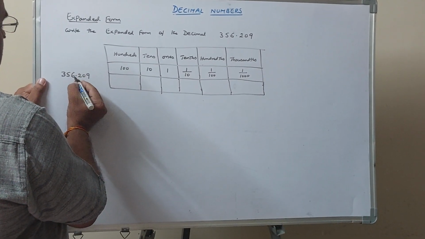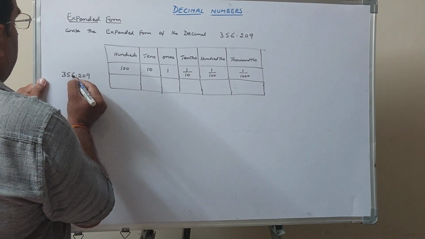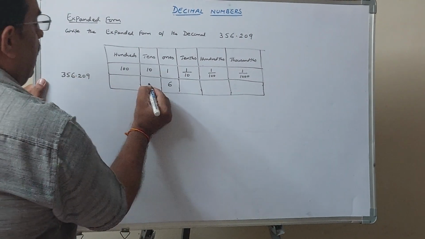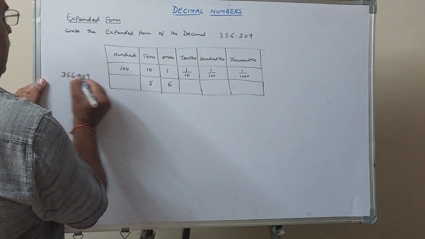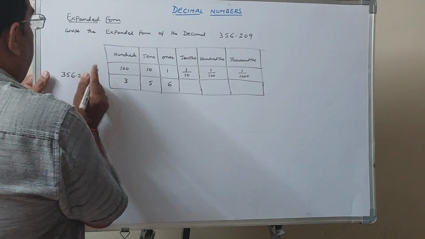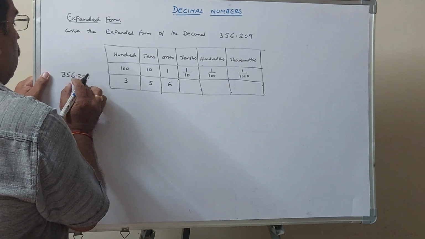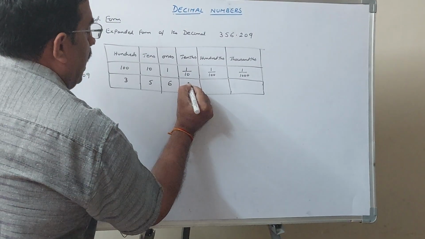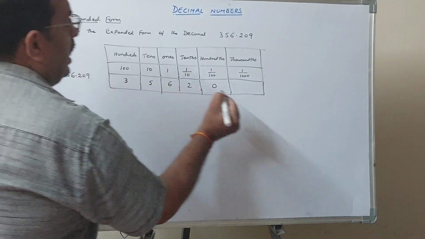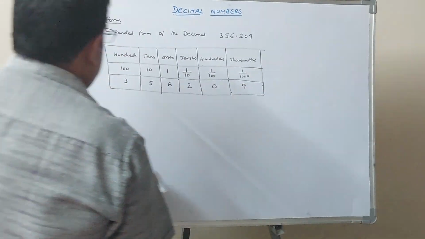So 6 is in the ones place, 5 is in the tens place, and 3 is in the hundreds place. And coming to the decimal part 209, 2 is in the tenths place, 0 is in the hundredths place, and 9 is in the thousandths place.